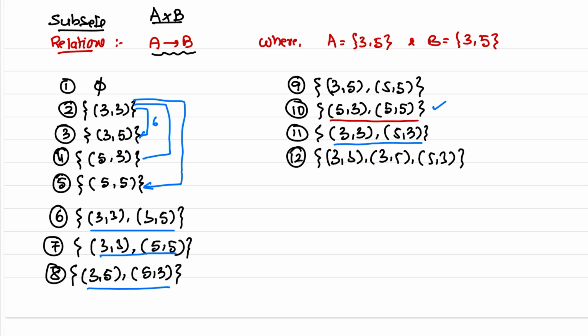Now, we have to have subsets of 3 elements. That means 1, 2, 3: 3, 3, 3, 5, 5, 3. That is one subset. Another subset will be, please try to understand carefully, we'll keep these two the same, and from 5, 3 we'll move to 5, 5, because that is left over.